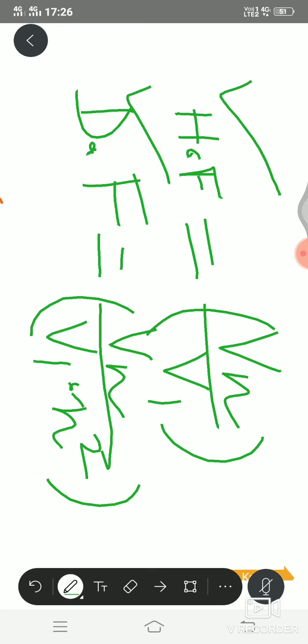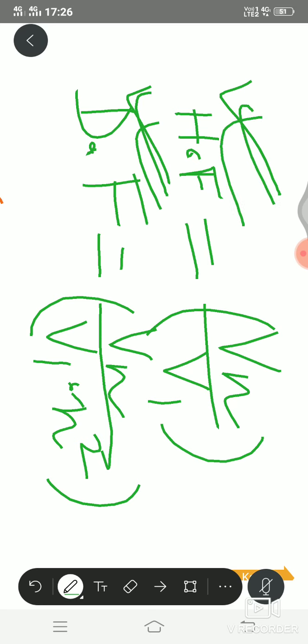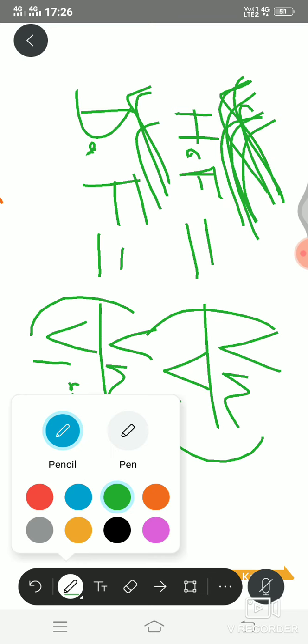Distortion factor tells us how much distortion there is of the pure sinusoidal waveform, and harmonic factor tells us how many harmonics there are.